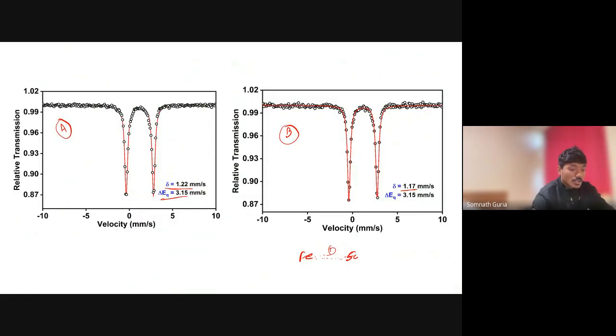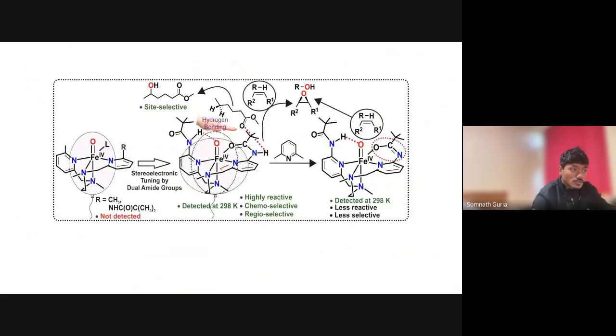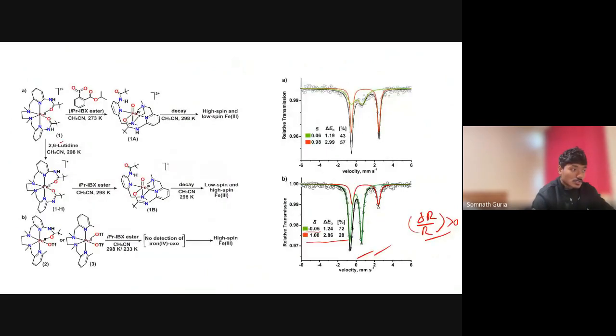Okay, and then we also looked into the iron oxo species oxidizing the olefinic group, where they isolated some of the intermediates formed in the presence or absence of the base.